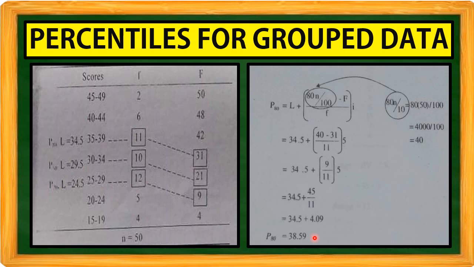So a little flashback to the ungrouped data earlier. What we need to remember is that we need to arrange the scores from lowest to highest before we execute the formula. And then for grouped data, remember where to get the lower limit.